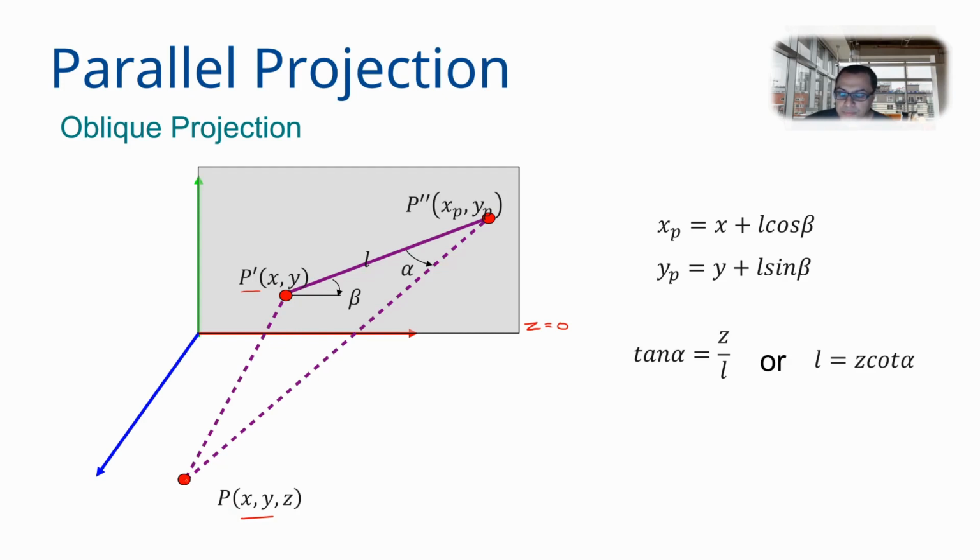However, for the oblique projection, the projector is no longer perpendicular to the image plane, and you get this new projector, and instead of getting the point P prime as the image, you will get the point P double prime, whose coordinates will be some XP and YP.